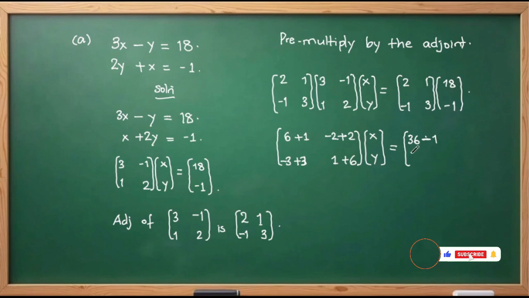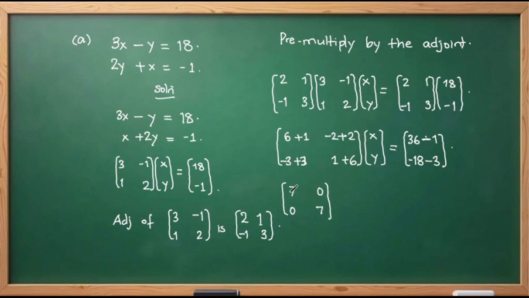Then negative 1 times 18 is negative 18, and 3 times negative 1 is negative 3. We close this bracket and simplify what is in the brackets. This one simplifies to 7, here it goes to 0, here also 0, and here we have 7.